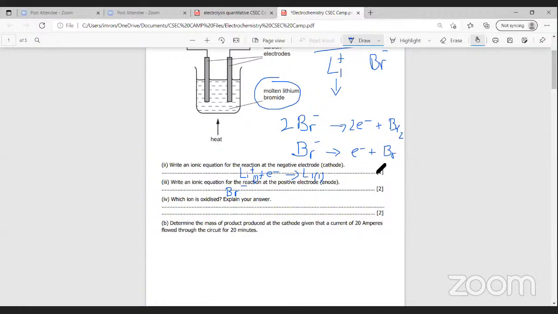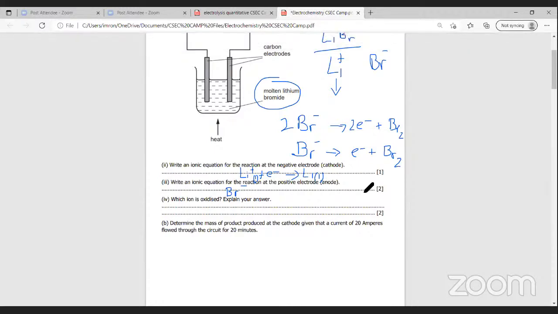But we know that bromine exists as Br2 molecules, so we need two bromide ions to make that Br2. Each bromide gives up one electron, so two bromides give up two electrons. That's an easy way to remember how to write the half equations. Cations, you add electrons to cations. Anions give up electrons.